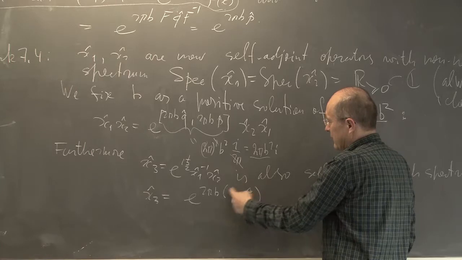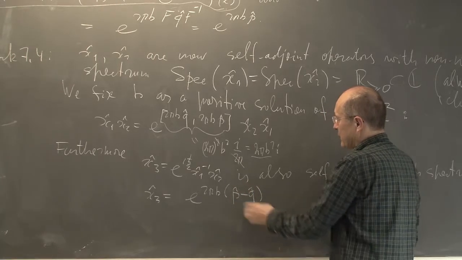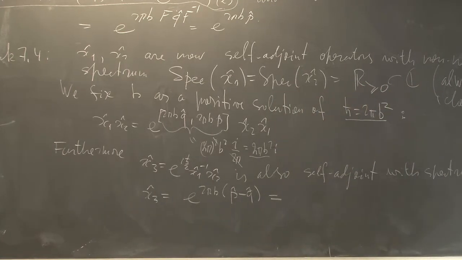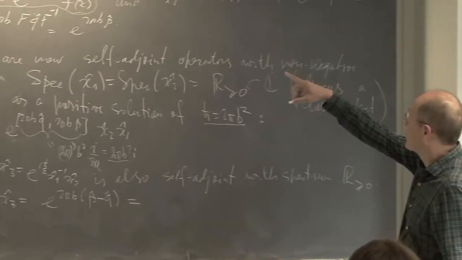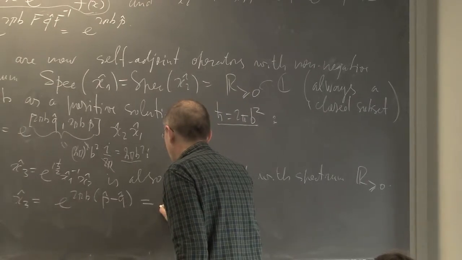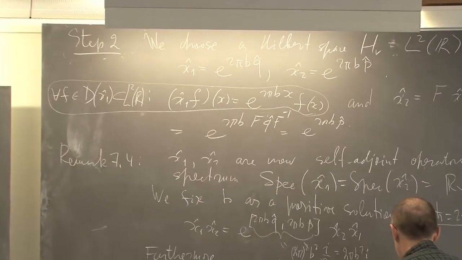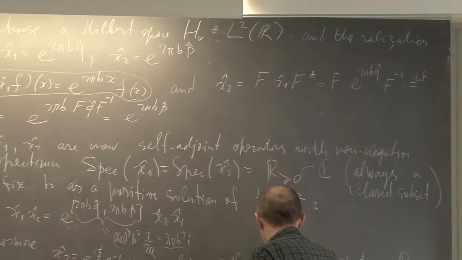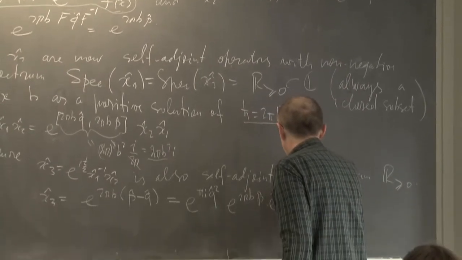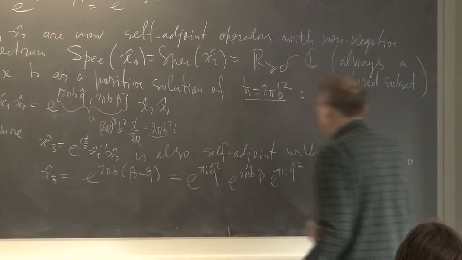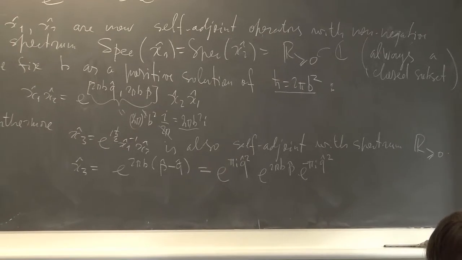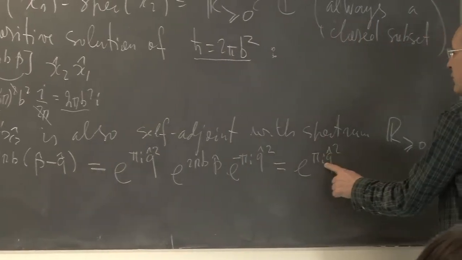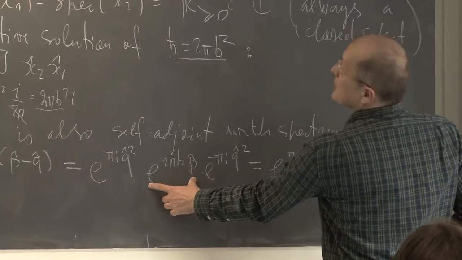And now this is a simple thing because it is conjugated to x1 or x2, namely, we can put it as e to pi I q squared, e to 2 pi b p, e to minus pi I q squared. This is a unitary operator because of this I, right? And this in the middle is x2.